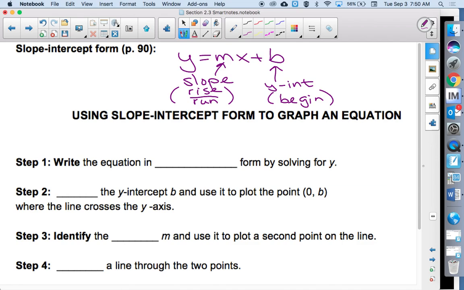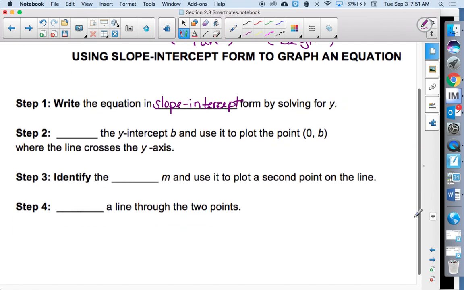If we're graphing in slope-intercept form, the first step is to write the equation in slope-intercept form by solving for y. You might not always have it in y equals mx plus b form. We might need to rearrange it a little bit. The second step: identify the y-intercept b and use it to plot the point (0, b).